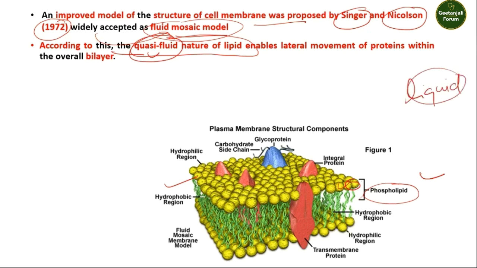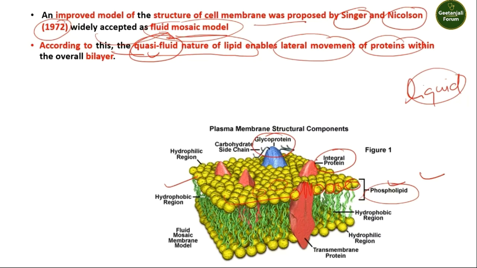Because of this nature of the lipids, all the proteins found in the membrane like this integral protein, glycoprotein, their lateral movement is facilitated. These proteins can move because the phospholipid where these proteins are embedded, those lipids are semi-liquid.